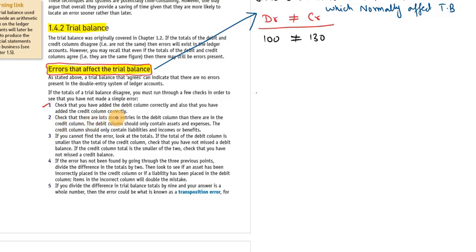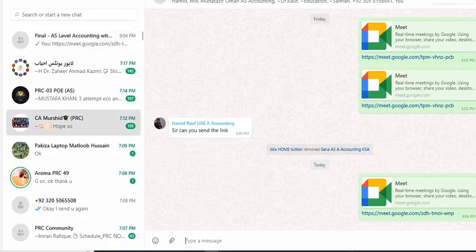Second, check that there are not more entries in the debit column than there should be in the credit column. The debit column should only contain assets and expenses. You have to remember this. All the assets and expenses relate to the debit family.